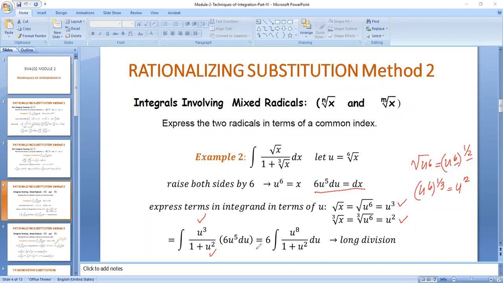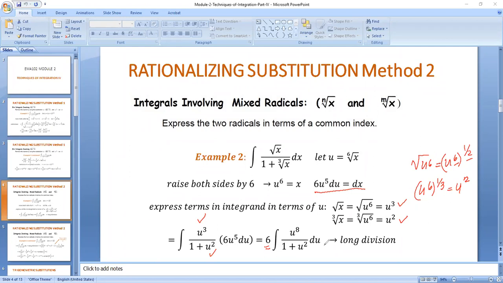Of course, you need to simplify first before you do anything that you need to do. Always simplify. So when you simplify, this 6 is written before the integral. You multiply the u raised to 5 and the u raised to 3. That would be u raised to 8 du, and you copy the denominator.